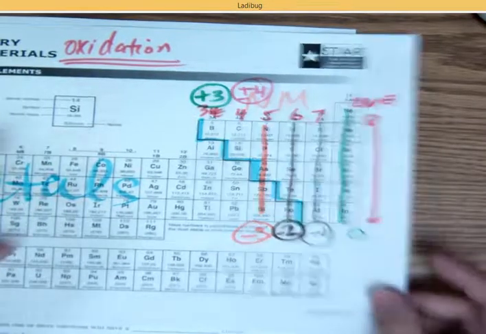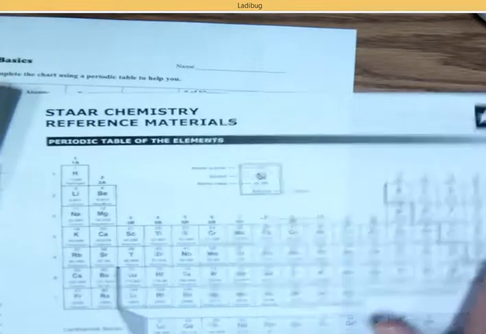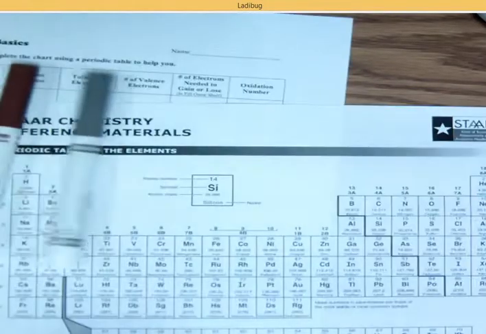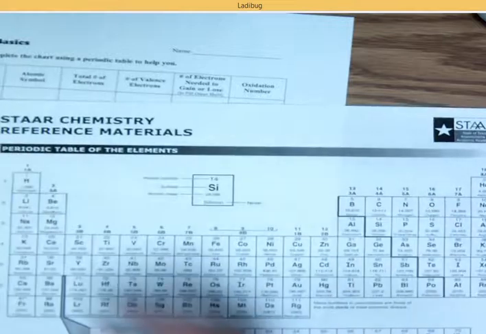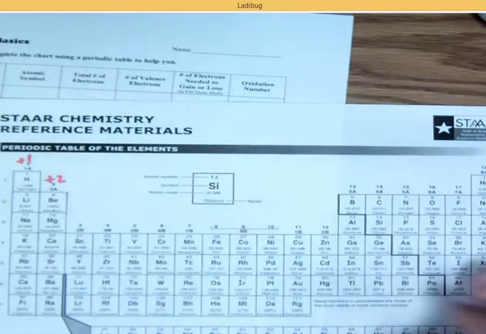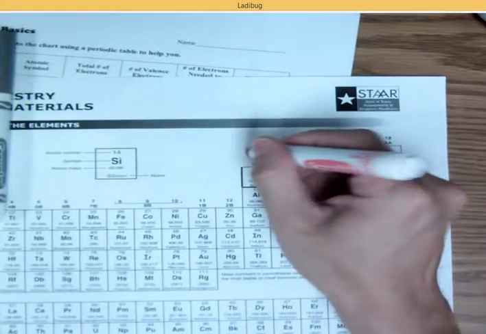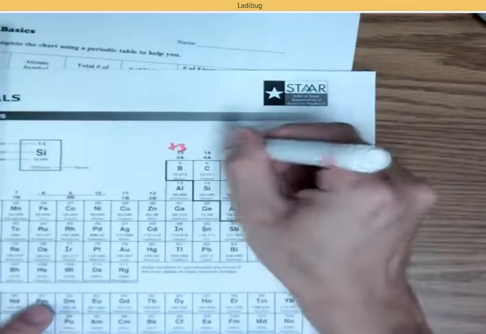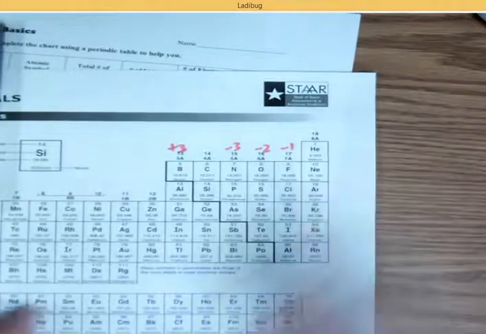So, quick review. Mark up your periodic table. Group 1 has 1 valence electron, so it's plus 1. Group 2 is plus 2, all of them in that group. Group 13 is plus 3. Group 15 is minus 3, then minus 2, then minus 1 for group 17.